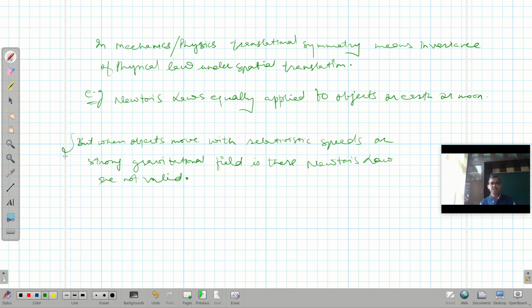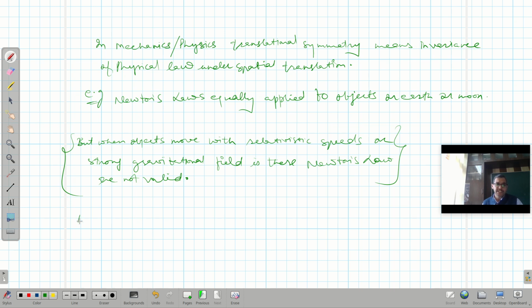I'm saying this just for the sake of information, but the main thing is that translational symmetry generally means the laws remain invariant while we are moving from one place to another place, that means they are translationally invariant or contain the translational symmetry.